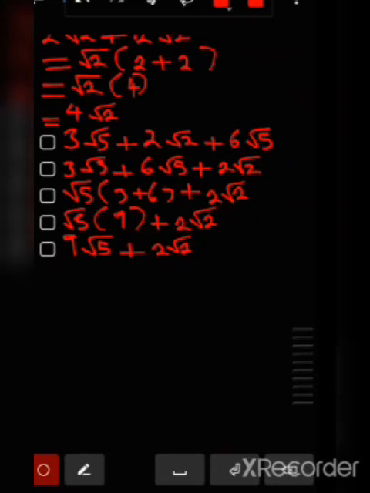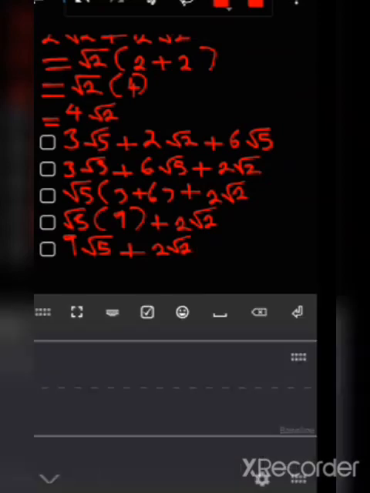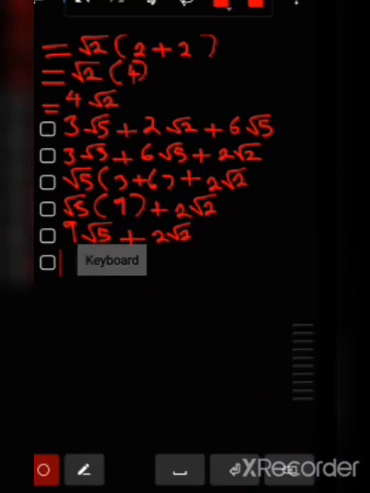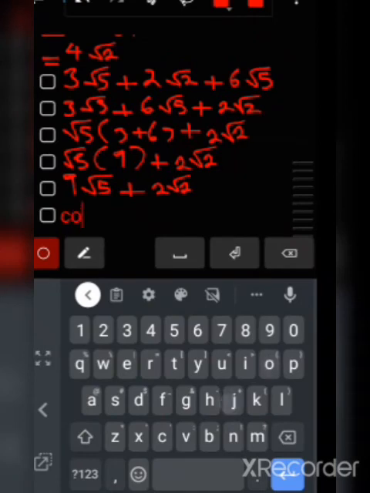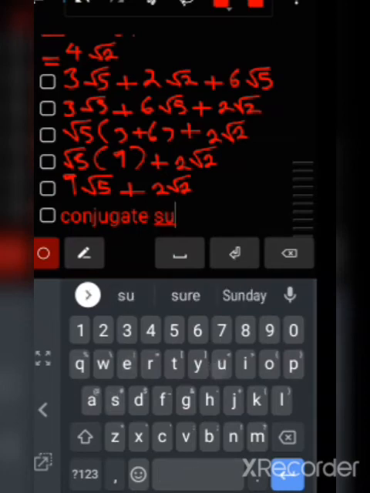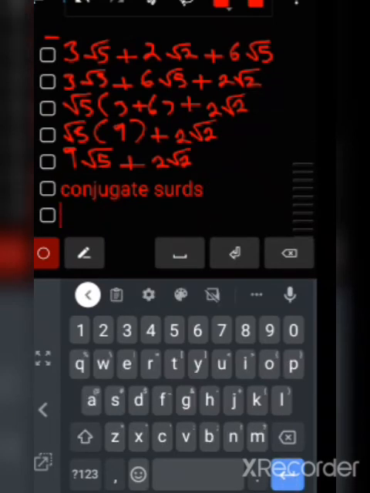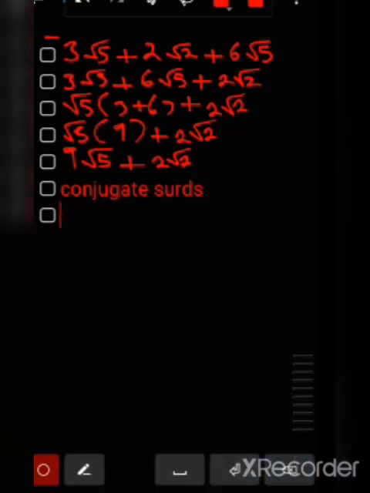So let's proceed. Adding conjugates. Conjugate surds. So on this one, remember what I said in the last video?